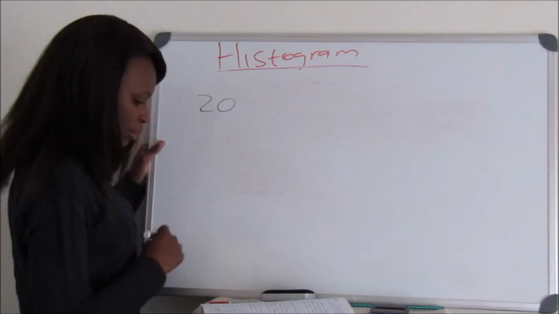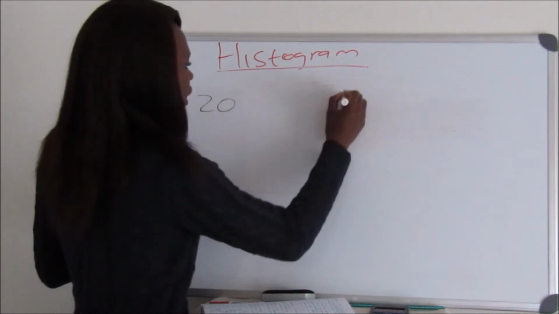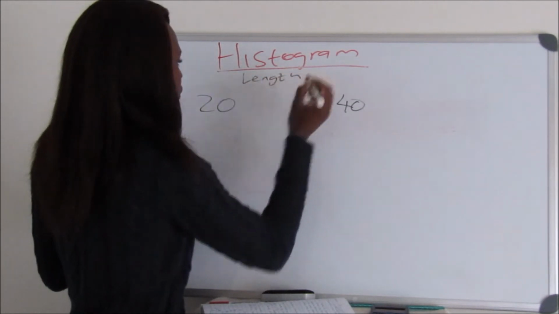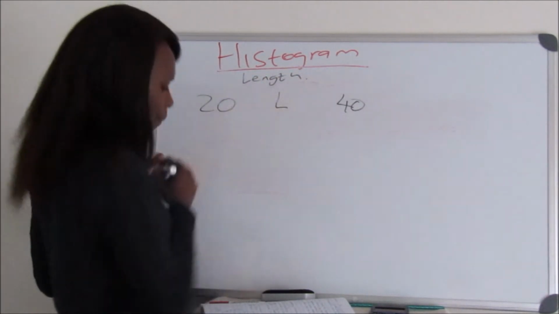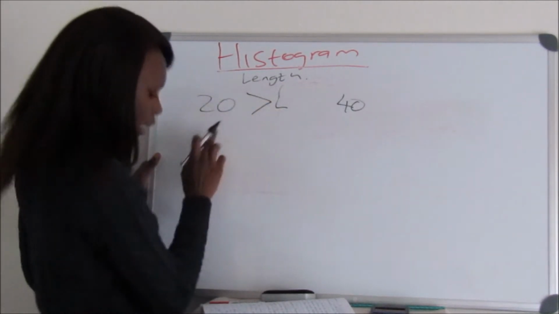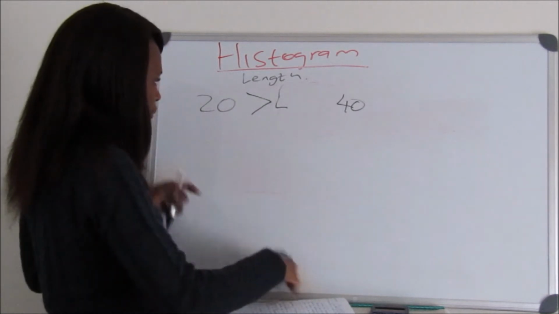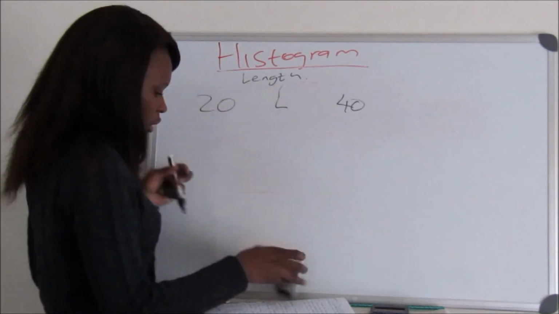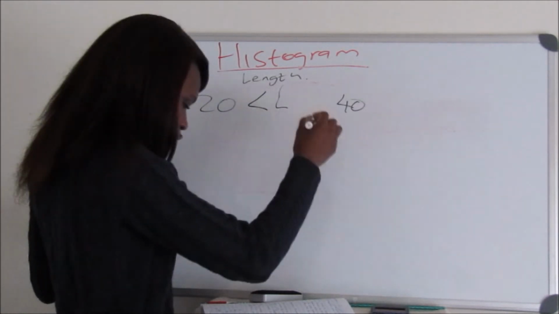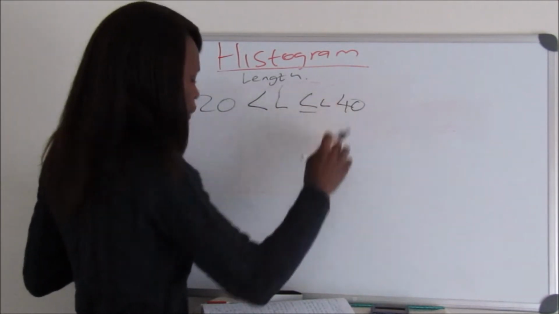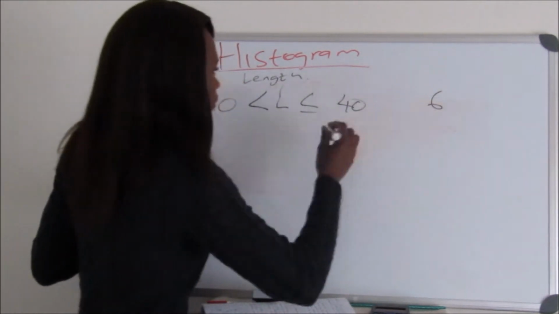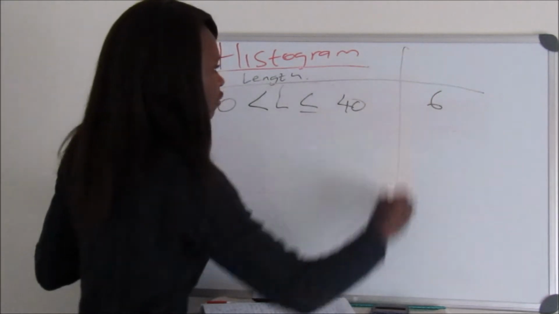They found that the lengths which are greater than 20 and less or equal to 40 were 6. So these are the lengths, these are the frequencies.